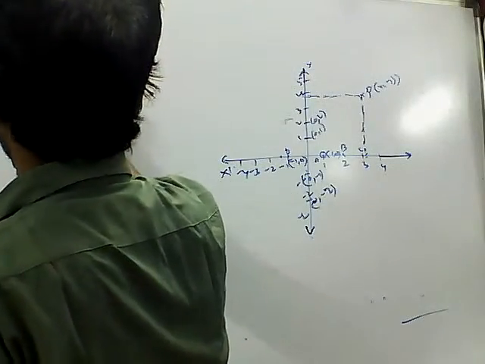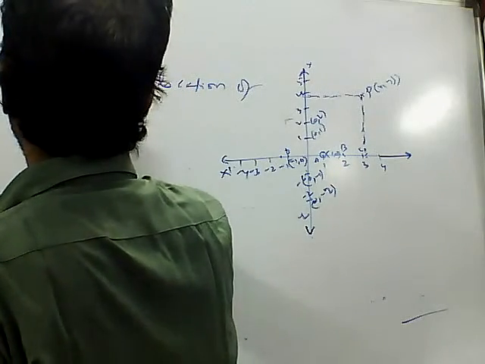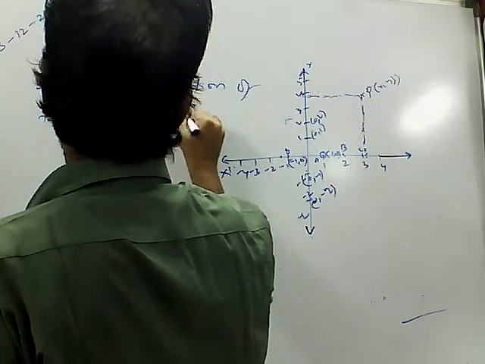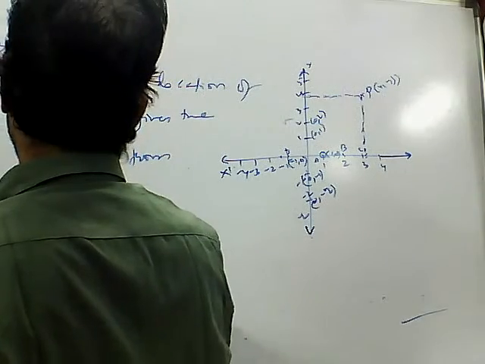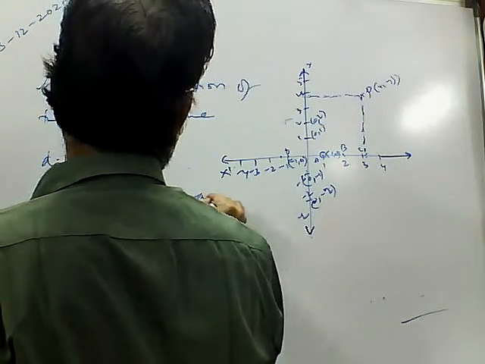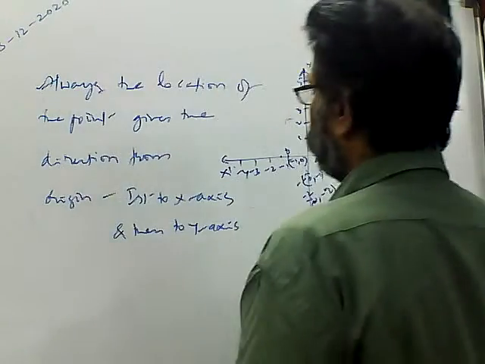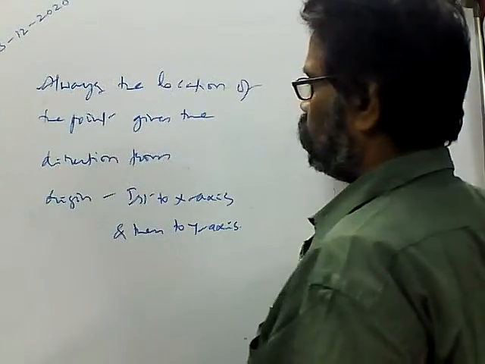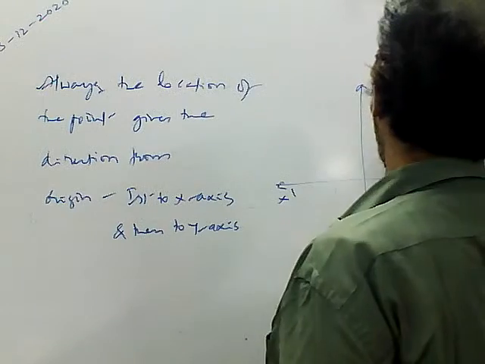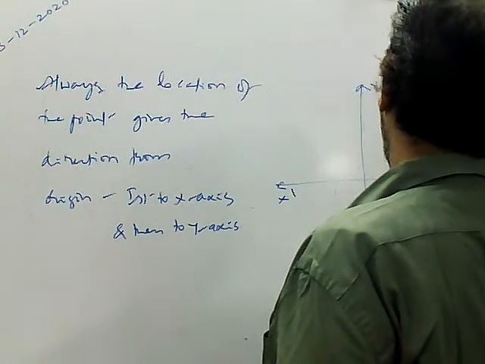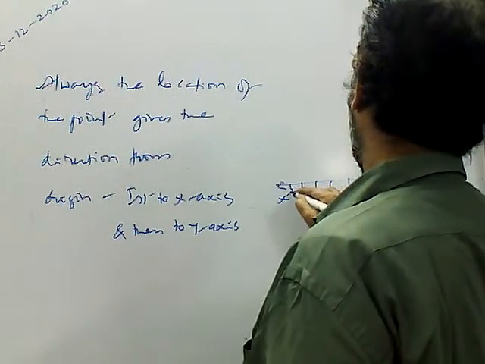Always, the location of the point gives the direction from the origin, first to the x-axis and then to the y-axis. So always, how to look at the point: take the coordinate plane, divide it into x dash, x, y, y dash.